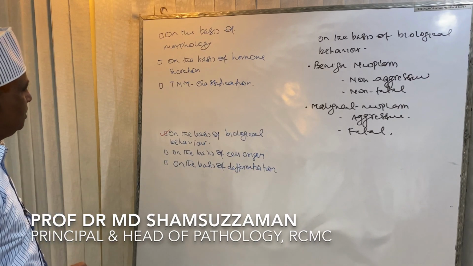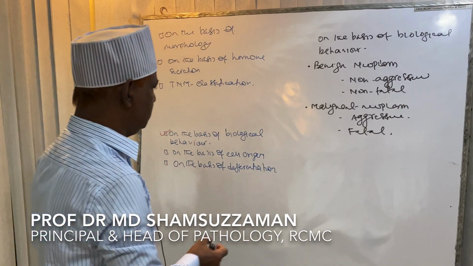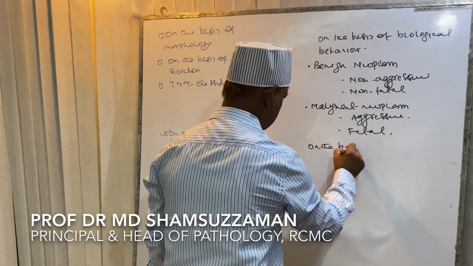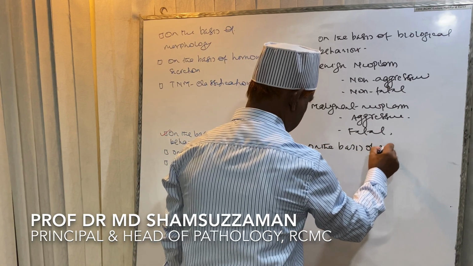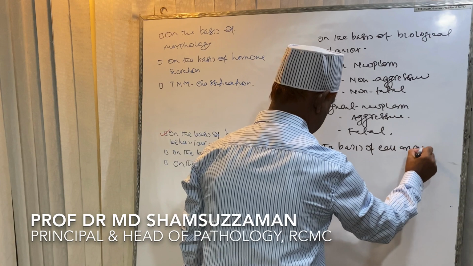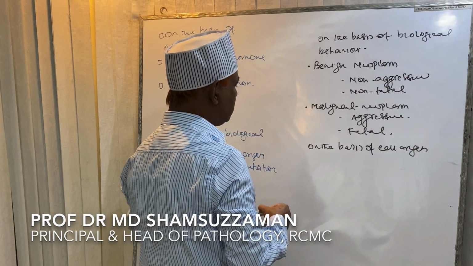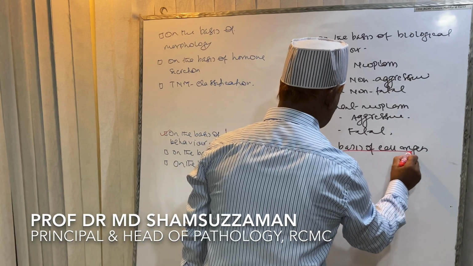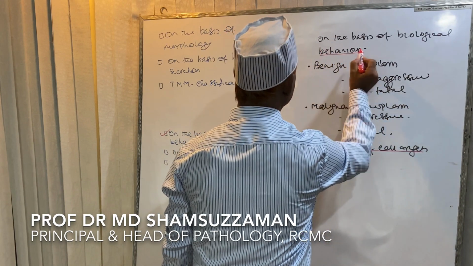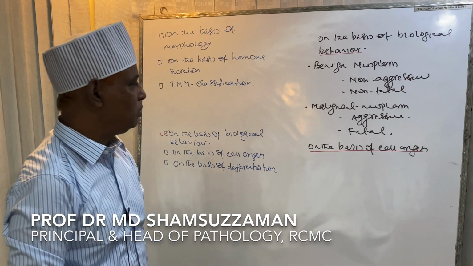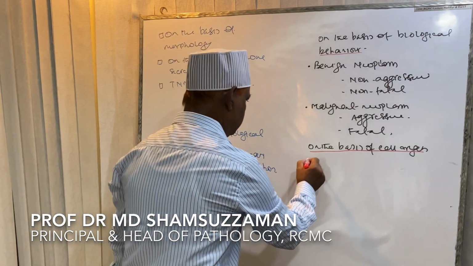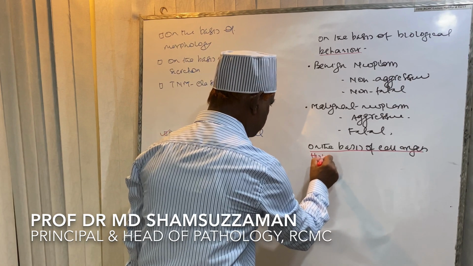Now come to on the basis of cell origin. Dear audience, it is on the basis of cell origin or on the basis of tissue also. It is also called histogenic classification.